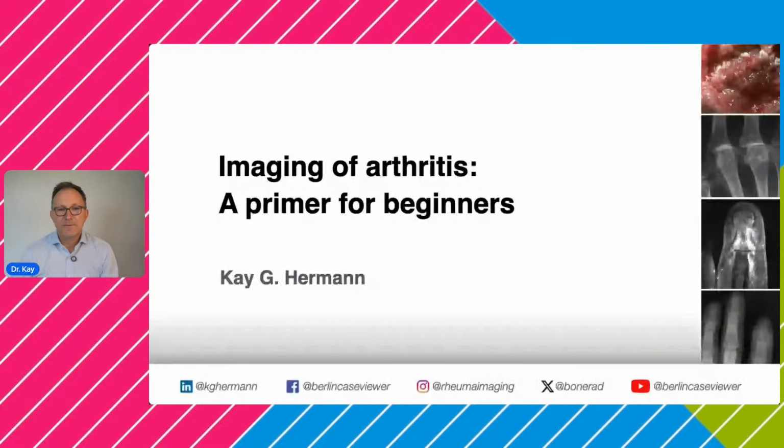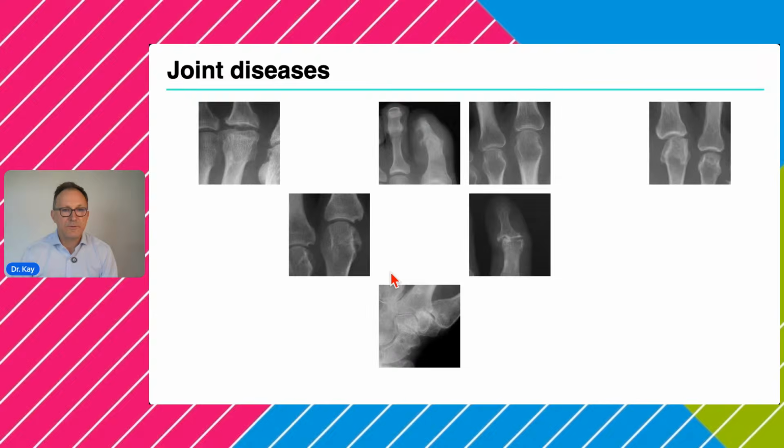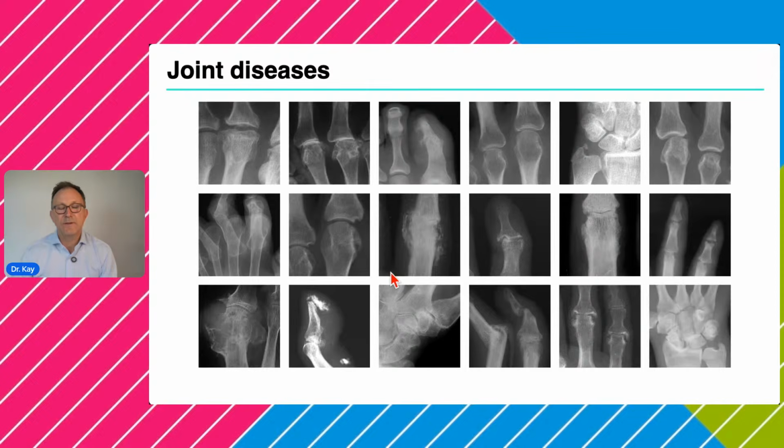So starting with the lectures, I'm starting with some beginner slides. Usually I advocate that when you enter the field of arthritis imaging, you should not be overwhelmed by the many different diseases that we can see on imaging of the hand and feet.